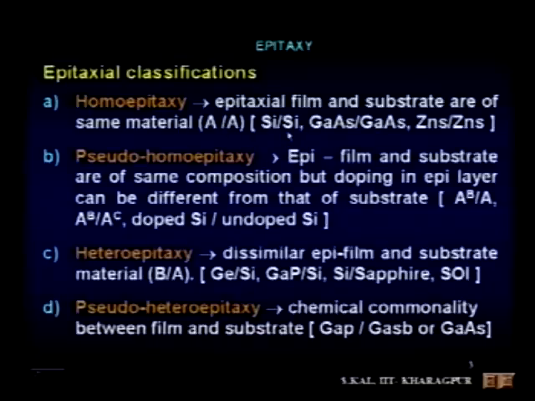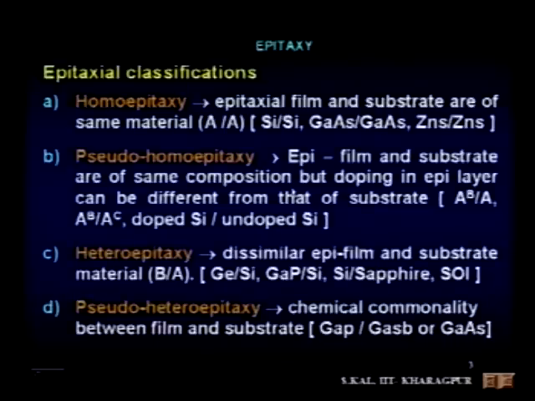That means substrate material and epitaxial film material are the same. Another is gallium arsenide on gallium arsenide, or zinc sulfide on zinc sulfide. So these are all known as homoepitaxy.